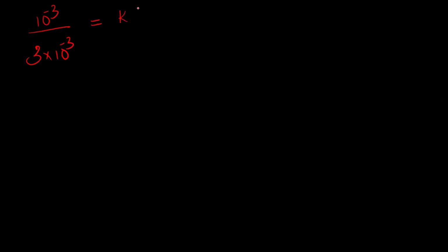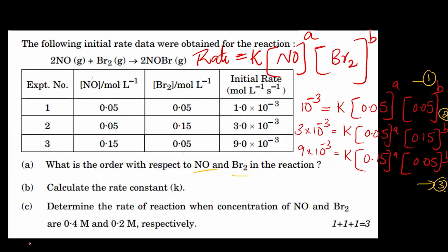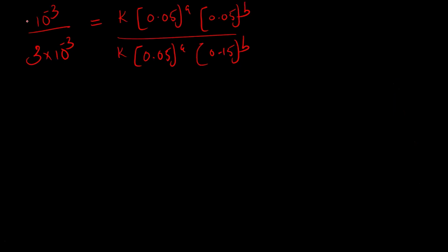K times 0.05 raised to A, 0.05 raised to B, by K times 0.05 raised to A, 0.15 raised to B. This is the first two equations. Taking the ratio, this cancels and this cancels.